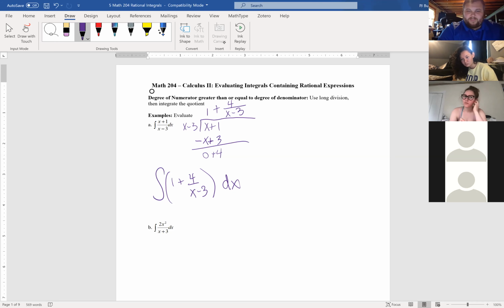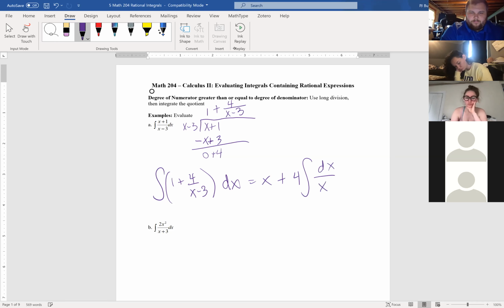So the first one is just going to be the integral of dx. That's x. The second one, let's look at it a little further. Does anyone recognize what kind of integral that is, or what that would return?